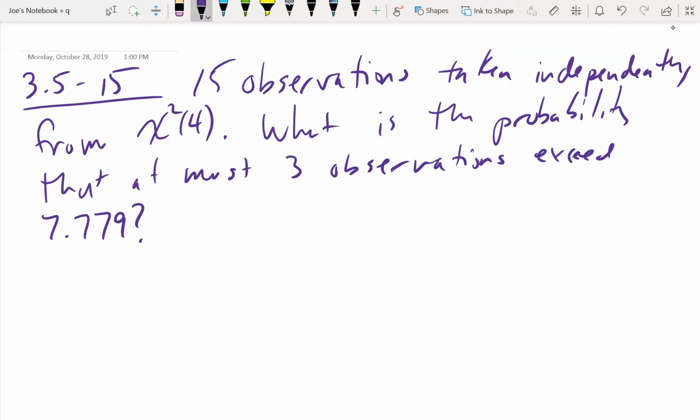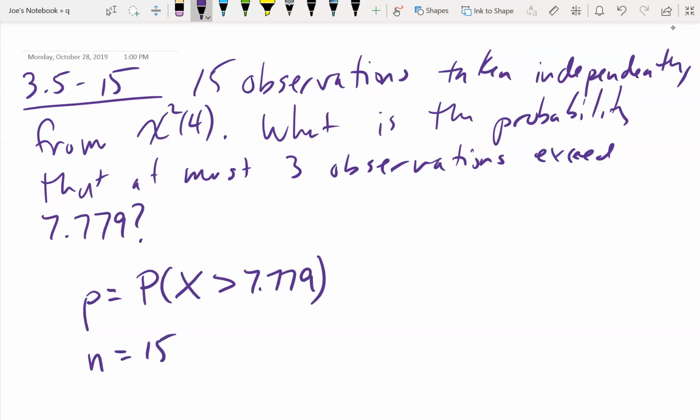So our p, whatever our little p is for the binomial, is going to be the probability that our observation is greater than 7.779. And we already said that n is 15, correct? Everybody see where that's coming from?